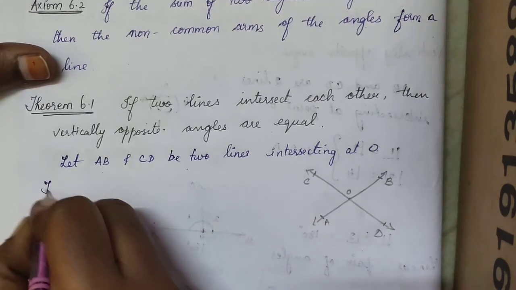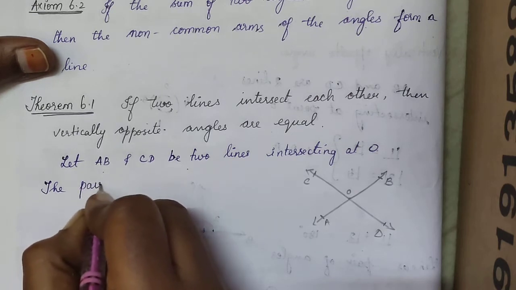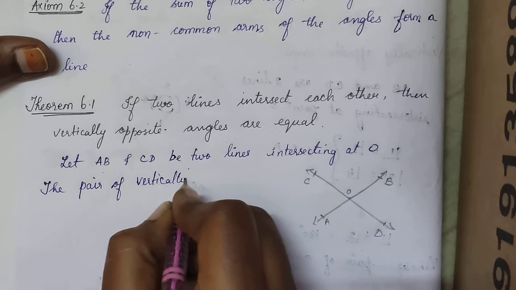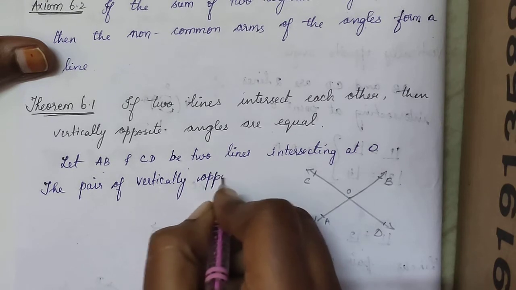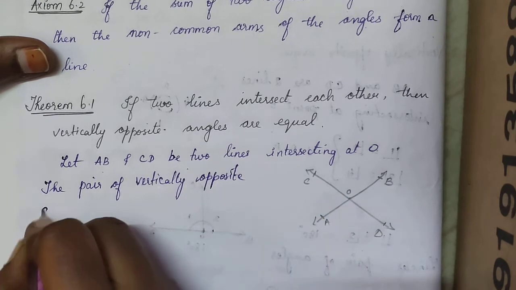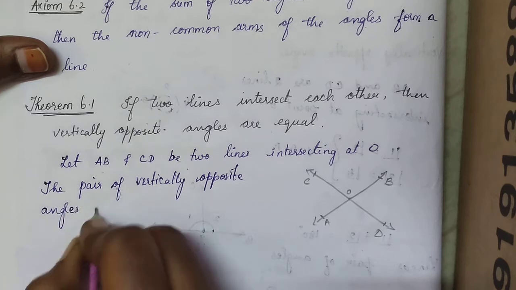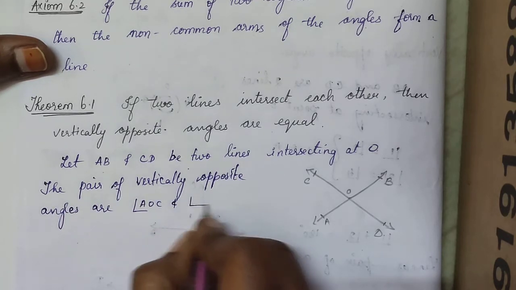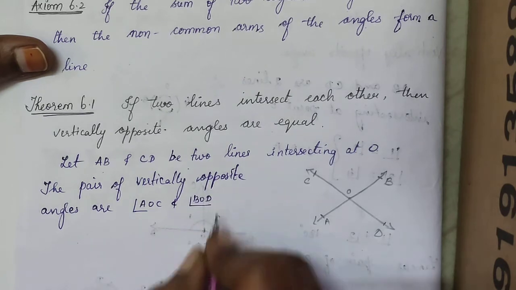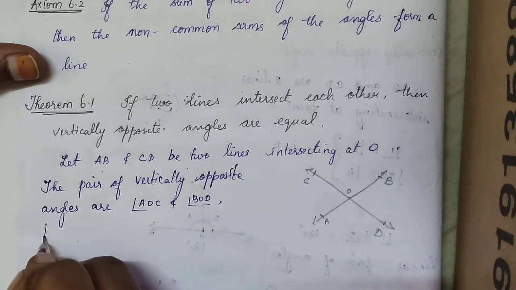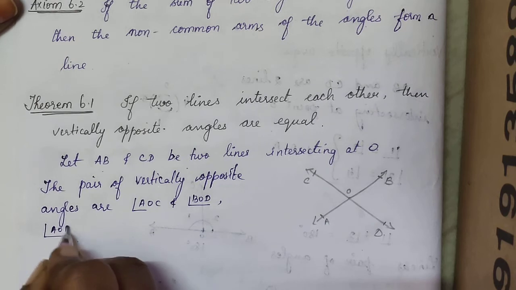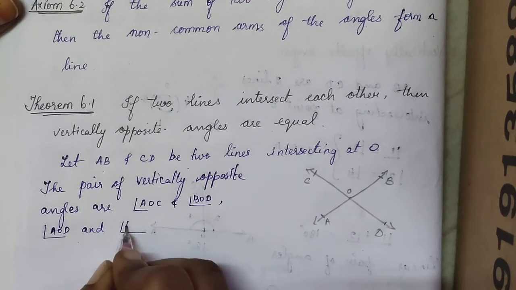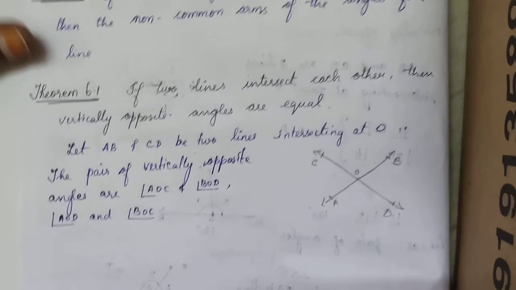So the pairs of vertically opposite angles are angle AOC and angle BOD, and angle AOD and angle BOC.